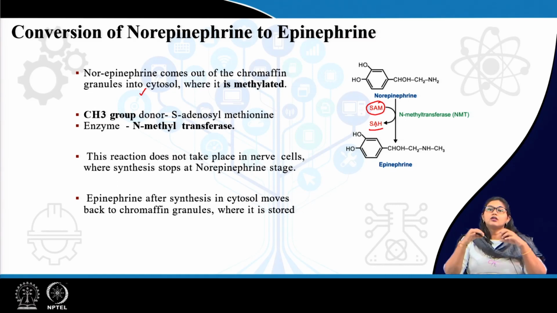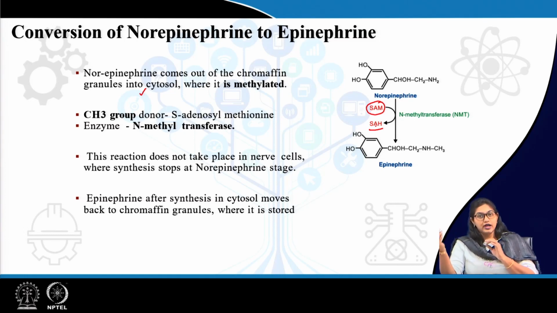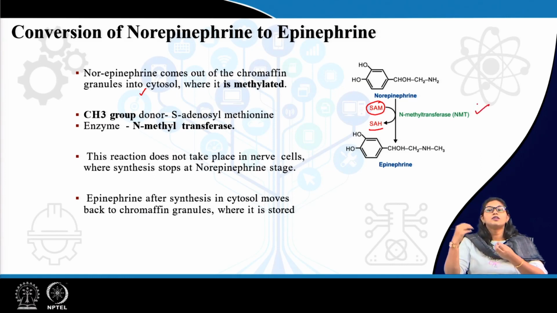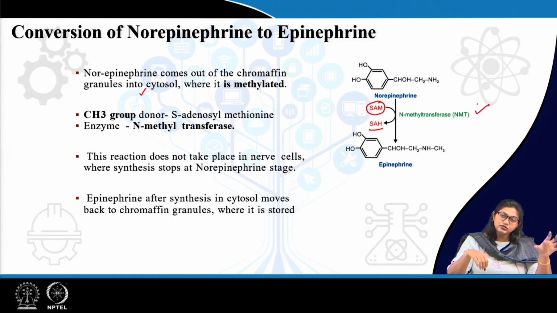After formation in cytosol, epinephrine goes back to the chromaffin granules where it is stored. So, basically catecholamines are stored in chromaffin granules, but the synthesis of epinephrine from norepinephrine occurs when norepinephrine comes out of the chromaffin granules to cytosol. There is the enzyme N-methyl transferase, which causes the transmethylation reaction and forms epinephrine. Epinephrine goes back to the chromaffin granules, and there it is stored with norepinephrine.